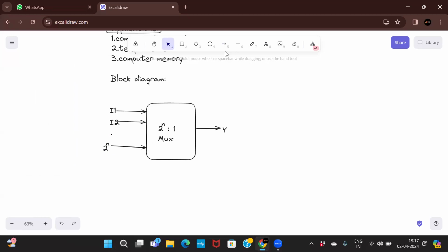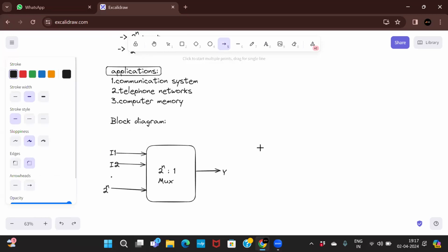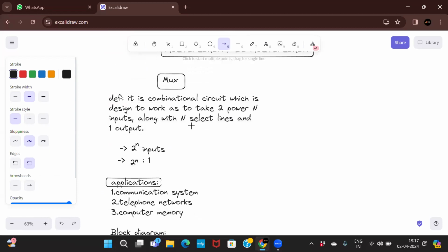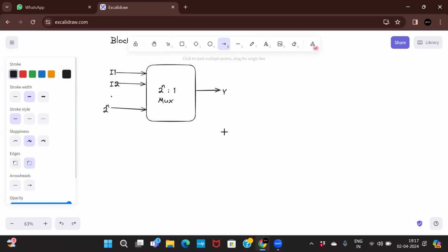And for that, we need n number of select lines.